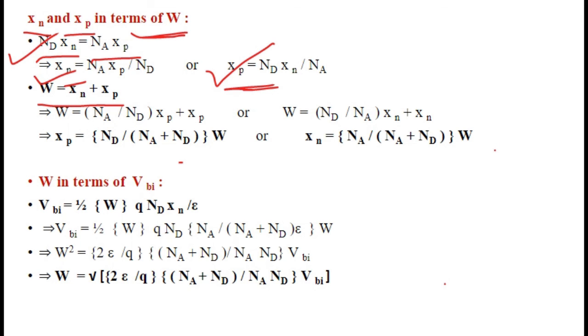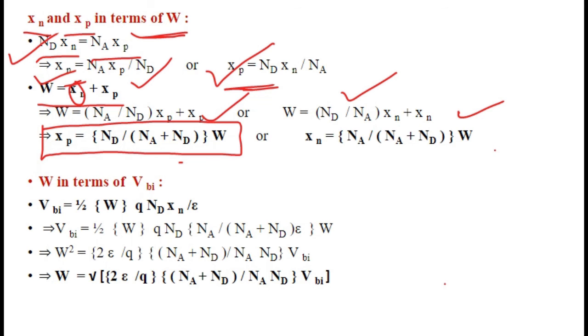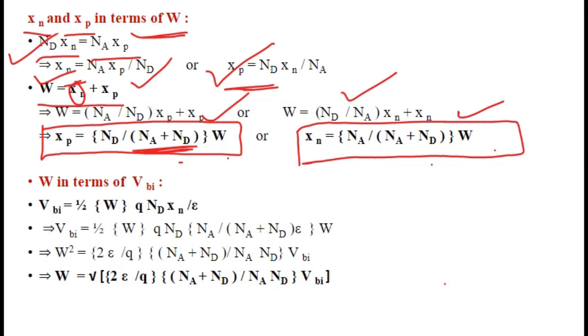So here we can substitute xn in terms of xp, and xp in terms of xn, and further simplify and find the xp value with respect to W, which is Nd divided by Na plus Nd whole into W. Similarly, your xn is Na divided by Na plus Nd whole into W. So these are the equations which we will be using in the problem section.